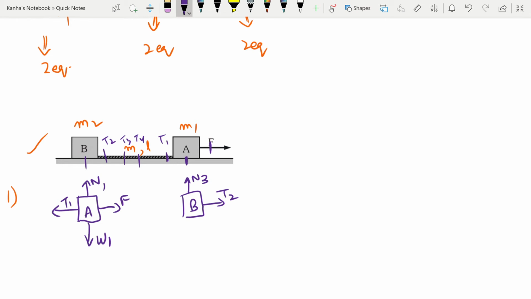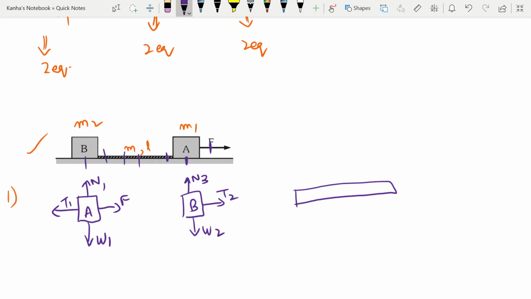None of these will be the same. This is because the string has a mass and length of its own. So it has a force T2 here, then it has a weight of its own.